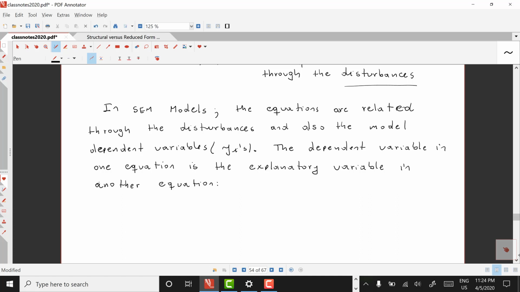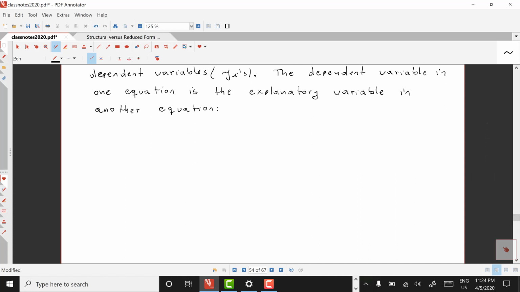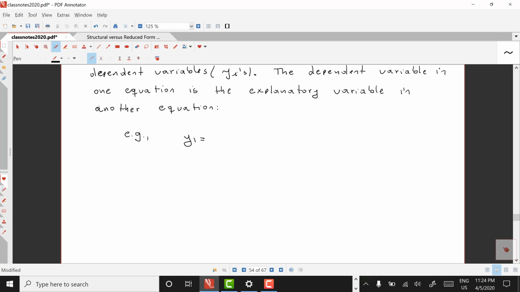Okay, so I'm going to give you an example. Let's say that we have a system with two equations. The first one has beta_10 plus beta_11 y2 plus beta_12 x1 plus an error term.